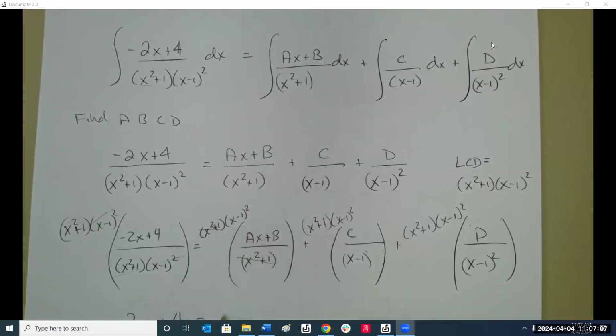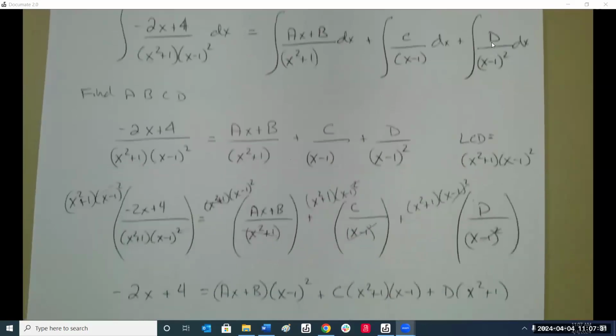Those cancel, so we have ax plus b times x minus 1 squared, plus c times x squared plus 1 times x minus 1, plus d times x squared plus 1.